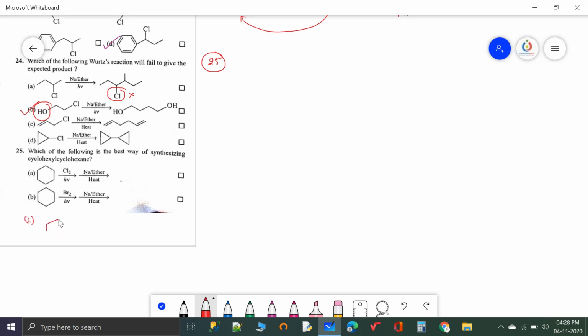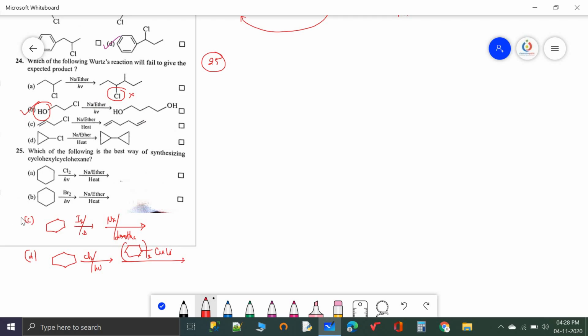C is cyclohexane, iodine, heat, sodium, dry ether. Option D is cyclohexane, chlorine, sunlight, then lithium dicyclohexyl copper, Gilman's reagent.